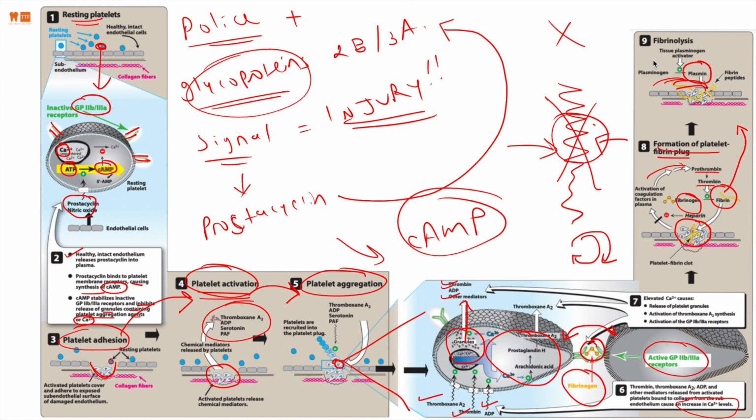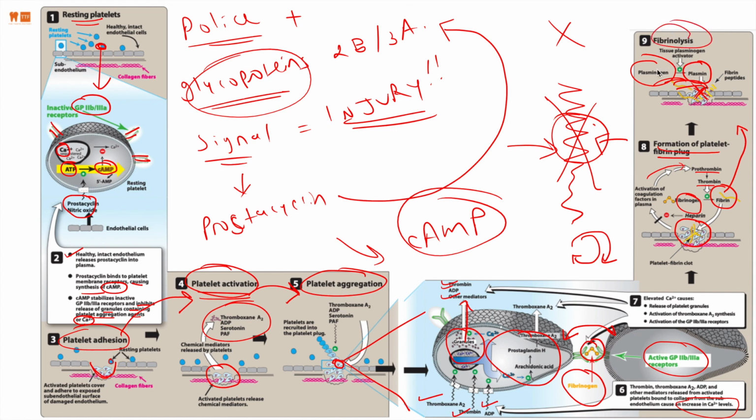And plasmin is made from plasminogen. Did you guys notice a pattern here? Fibrinogen makes fibrin. Plasminogen makes plasmin. And ultimately, plasmin dissolves a little bit of this clot to moderate the clot. And this process is known as fibrinolysis.